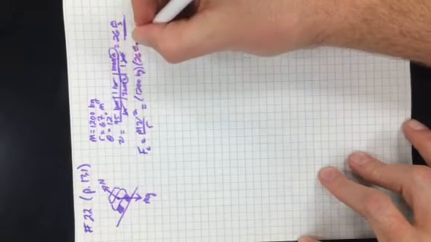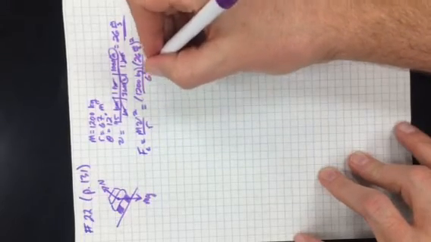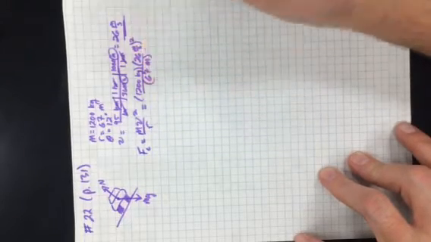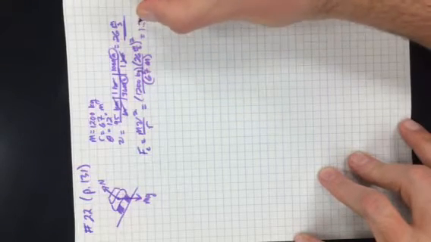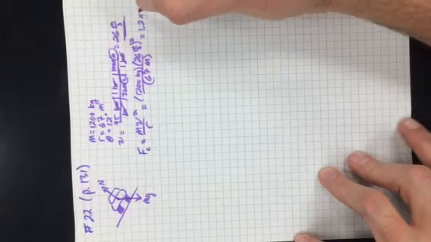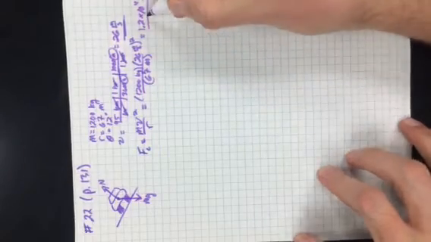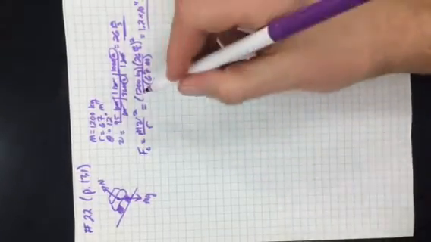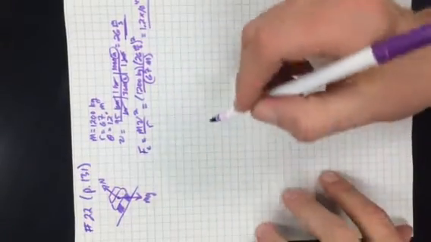That tangential speed was 26 meters per second. That quantity is squared, divided by the radius of the curve, which in this case is 67 meters. When I do all that, I end up with 1.2 times 10 to the fourth newtons. So that's how much force it would take at that speed to keep the car on the banked curve.